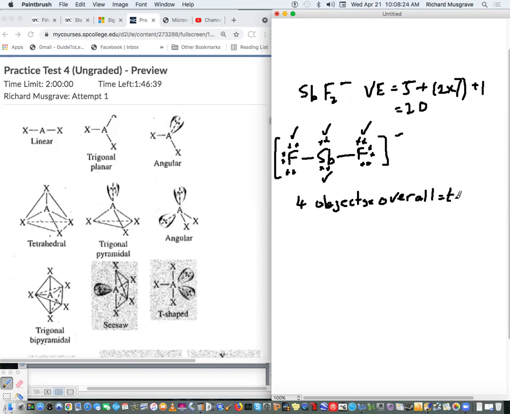But let's say we were looking for just the shape of the atoms. Then you look for specifically the one that has 2 atoms and 2 lone pairs. And that would be this one, angular.